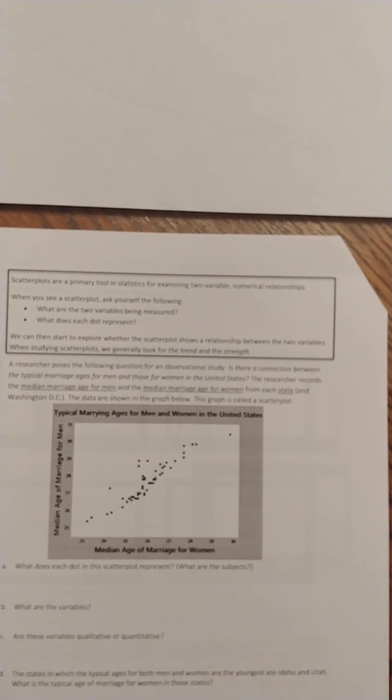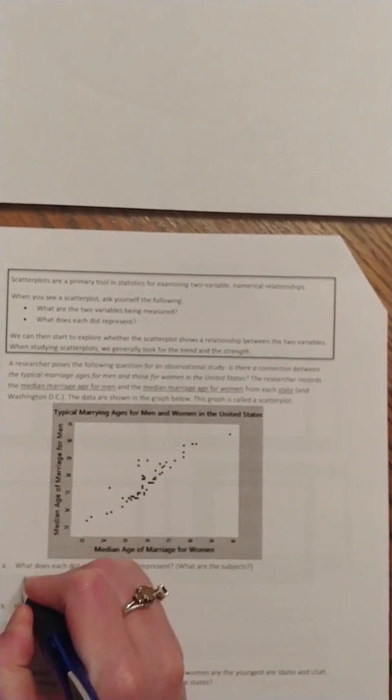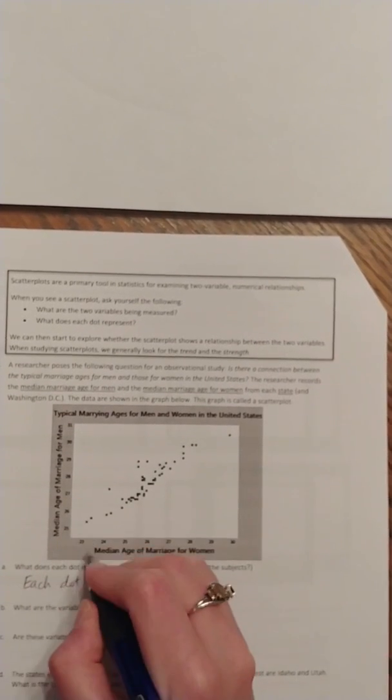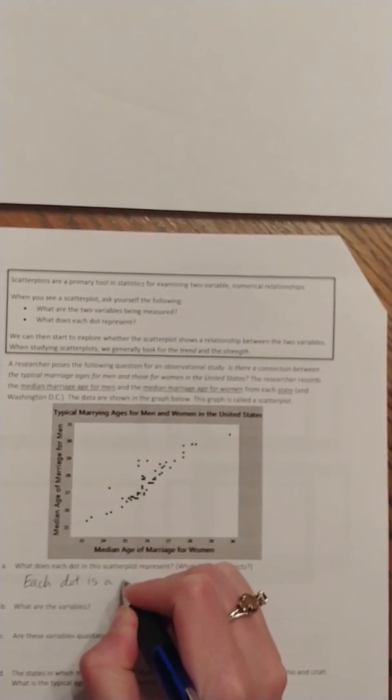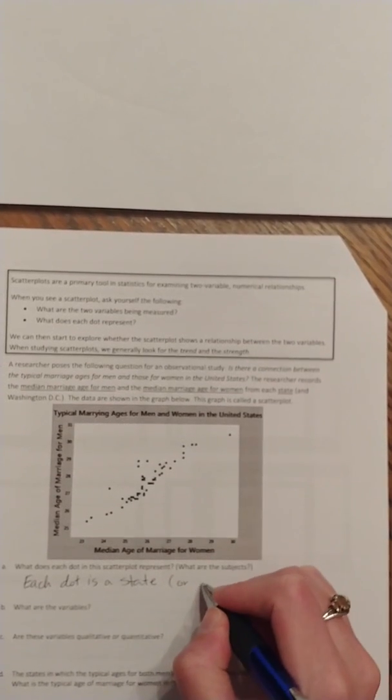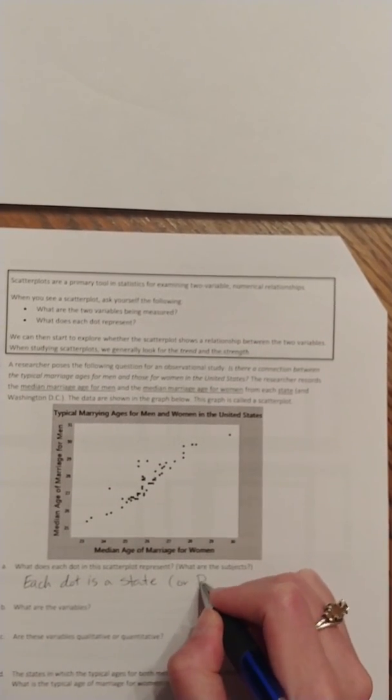So A says, what does each dot in the scatter plot represent? So we could say each dot is a state or DC.